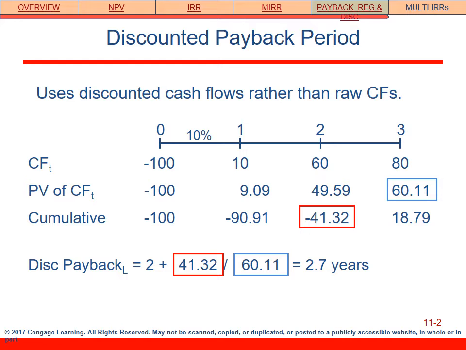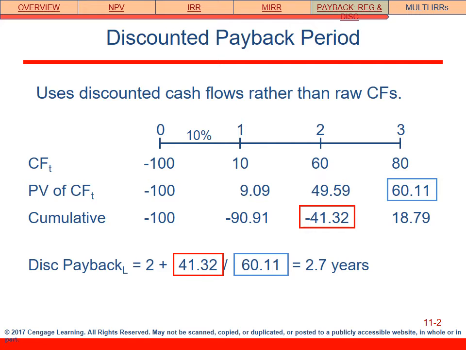But instead of using our raw cash flows, we're going to use the present value of those cash flows. So we're going to need to know the firm's cost of capital. Well, for projects L and S, we're going to be using a 10% cost of capital.